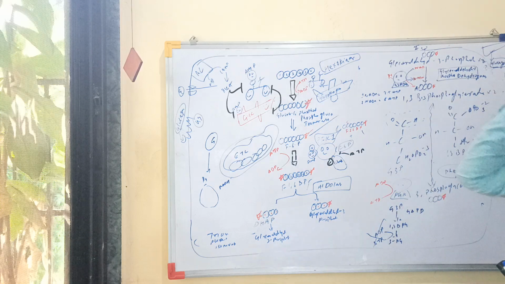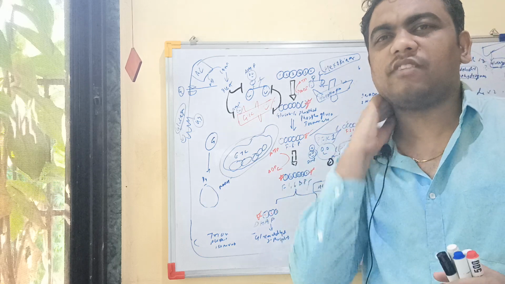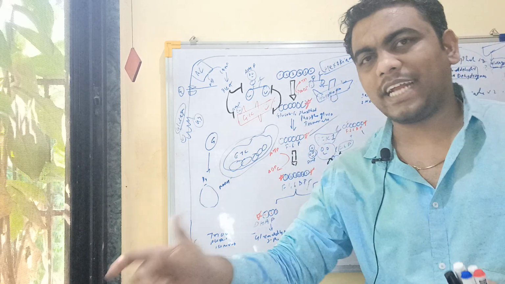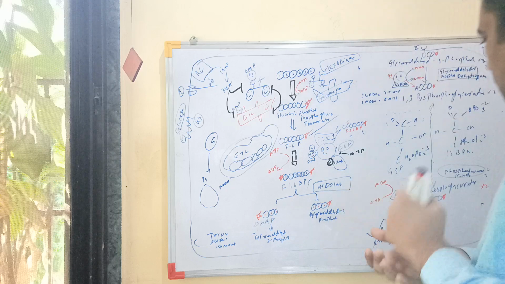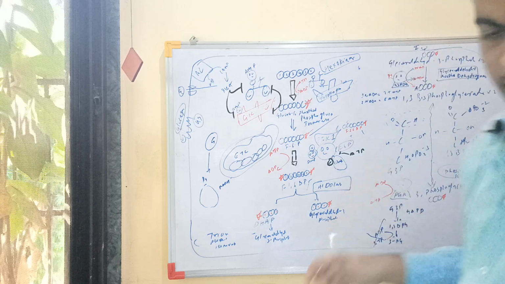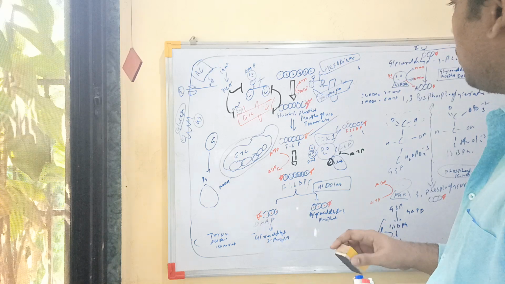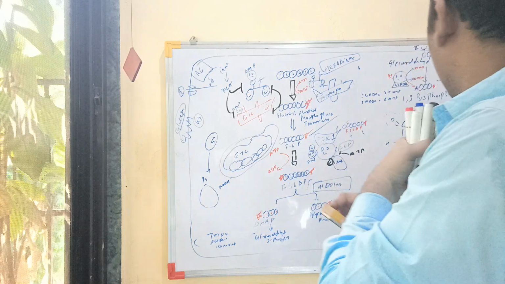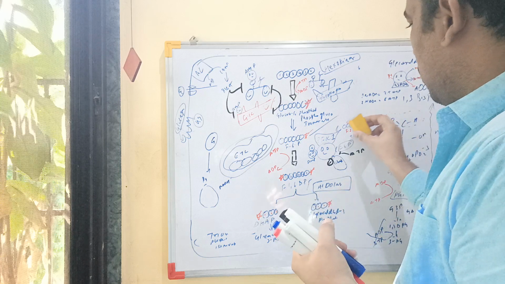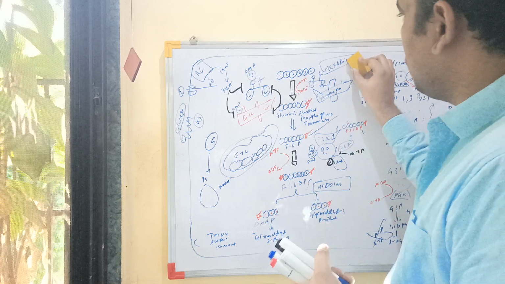Then apart from arsenate, I would also like to tell you there is one more slight side-track pathway. Let me draw over here. The board is small and there is no space.